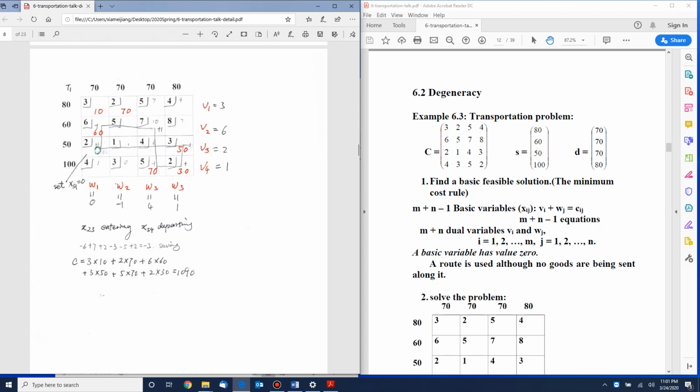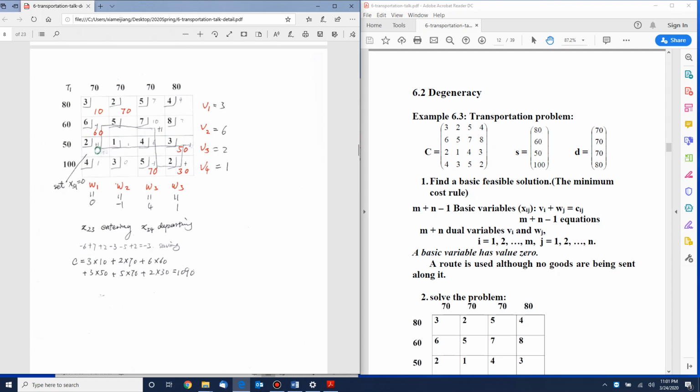And then source 2 has 60, and market 1 needs 60. So in this way, we just fit it in there, right? And then the second row is done.